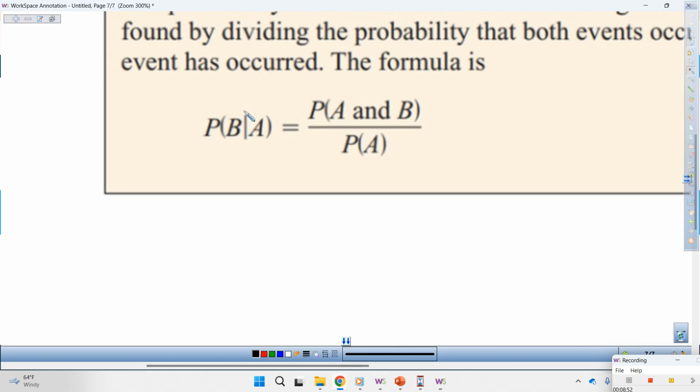What does this bar stand for, Carter? Cole, what does this bar stand for? Brandon Doherty.